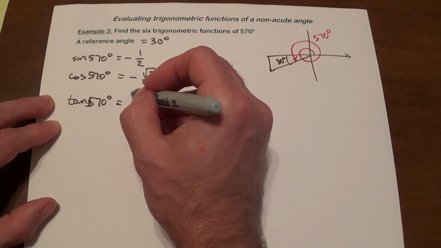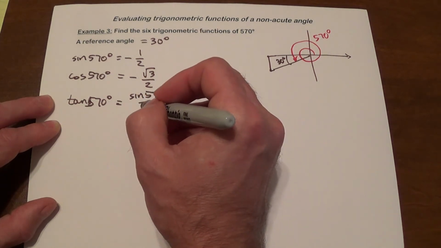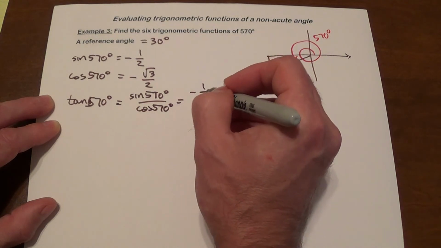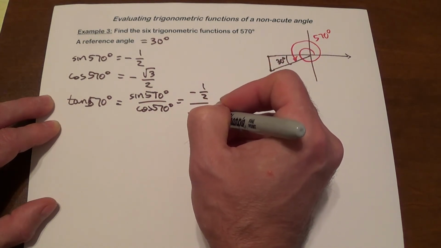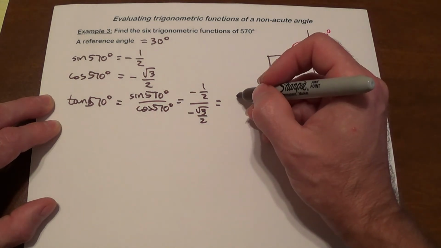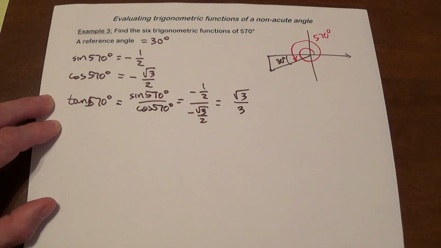So it's going to be sine 570 divided by cosine 570, which is going to be negative 1/2 divided by negative square root of 3 over 2. So in this case they're both negatives, and the value of tangent is going to actually be positive, which is going to end up being square root of 3 over 3.